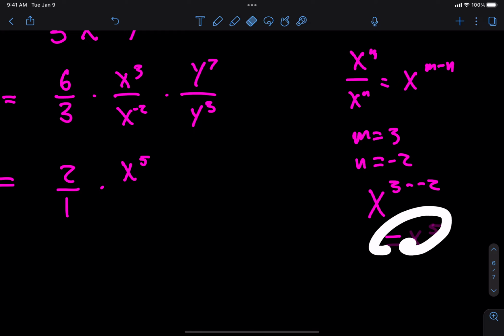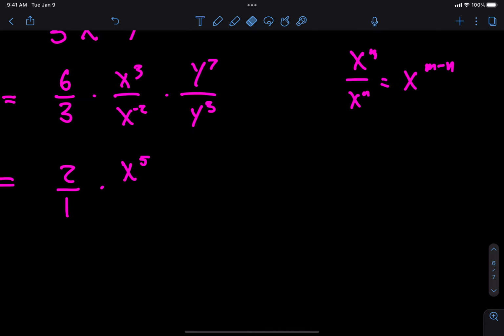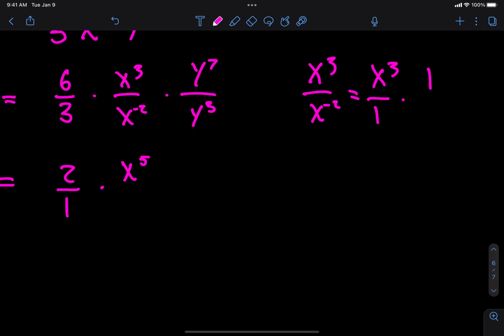The other way to think about it would be to say that x cubed over x to the negative 2 is the same as x cubed over 1 times 1 divided by 1 over x squared.